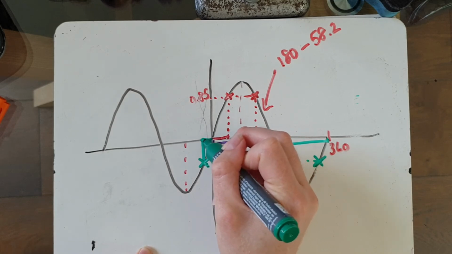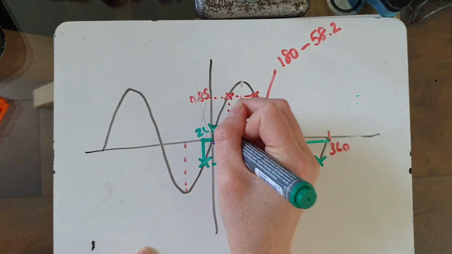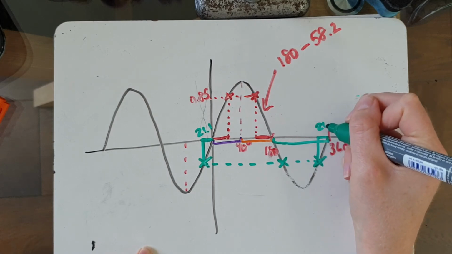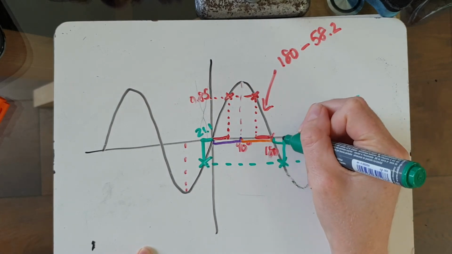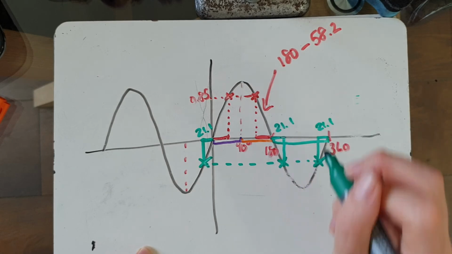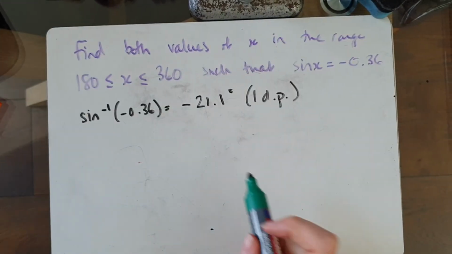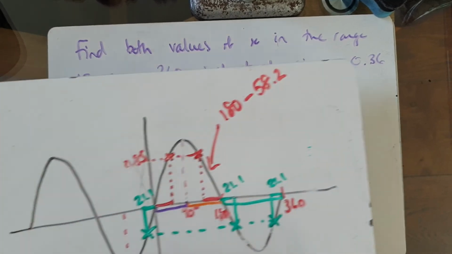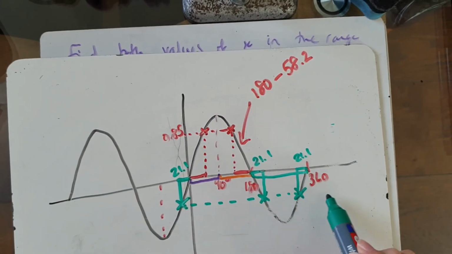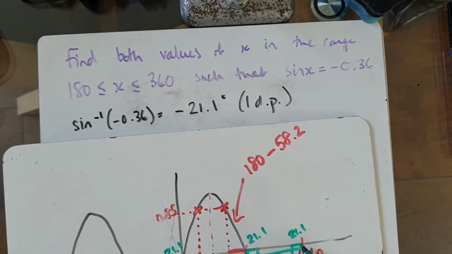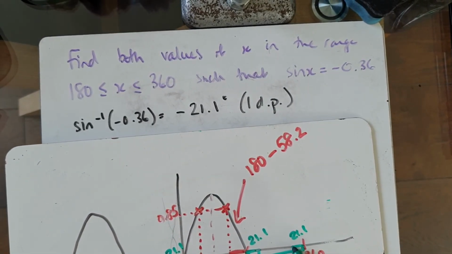Now this gap is 21.1, which means that this gap is 21.1 and this gap is 21.1. If we take the negative angle that we've got and we add it to 360, so a negative add 360, it will actually take us down to here.